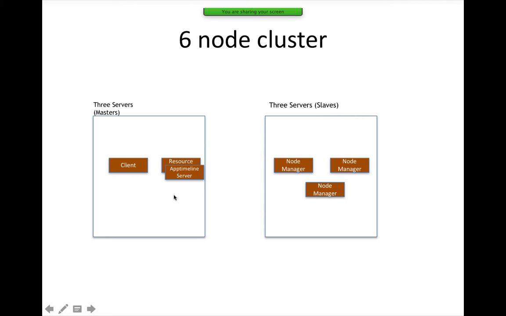And then there will be some additional tools called app timeline server as well as the job history server, which will provide the details about Yarn based applications and also MapReduce jobs. So app timeline server is the history about Yarn applications. A Yarn application can be a MapReduce job. It can be applications submitted using Spark.